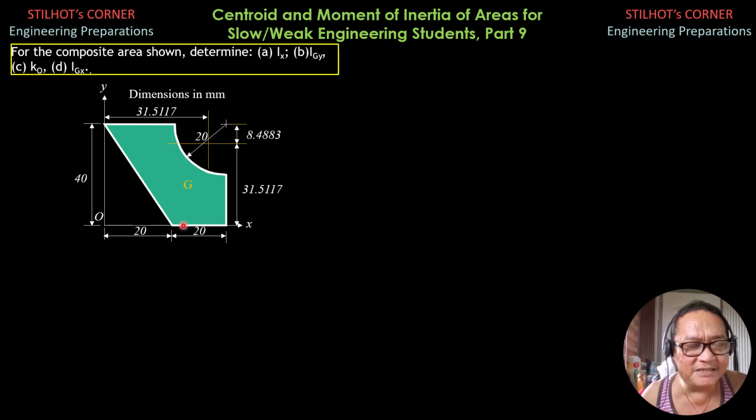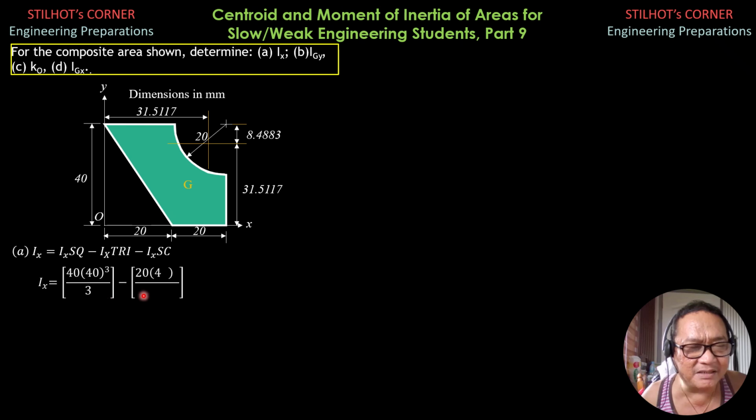So Ix of square is 40 by 40 cube over 3 minus Ix of triangle 20 by 40 cube over 12, then minus quantity 0.05488 20 to the fourth plus area pi over 4 20 square, distance 31.5117 quantity square.